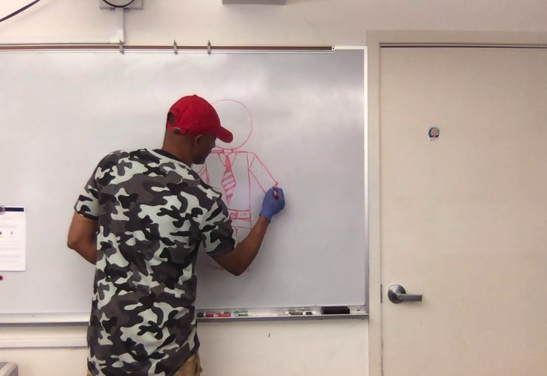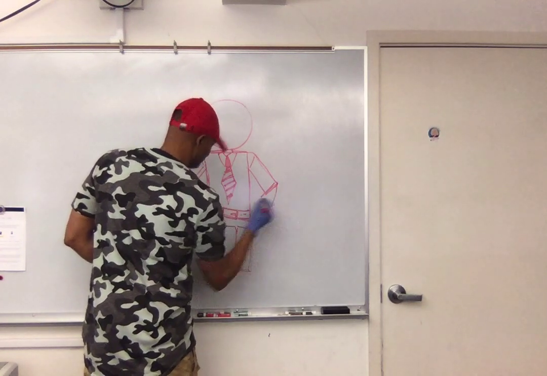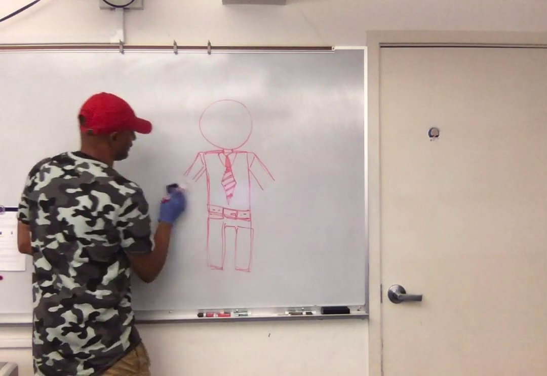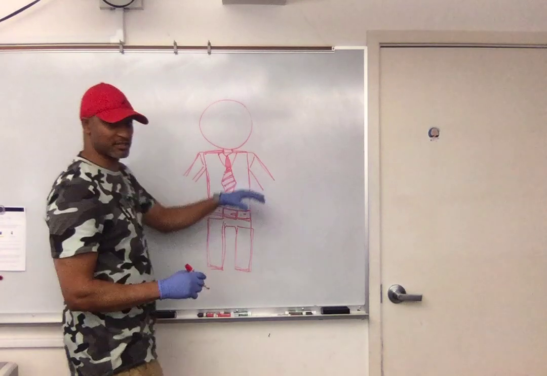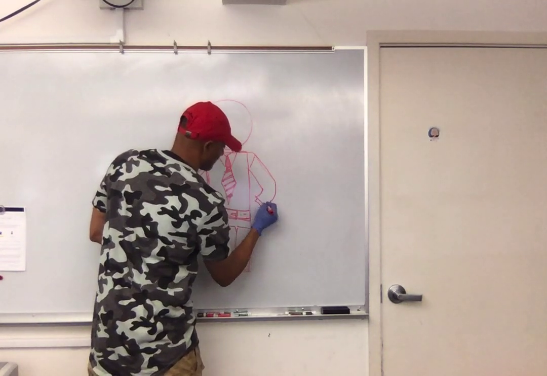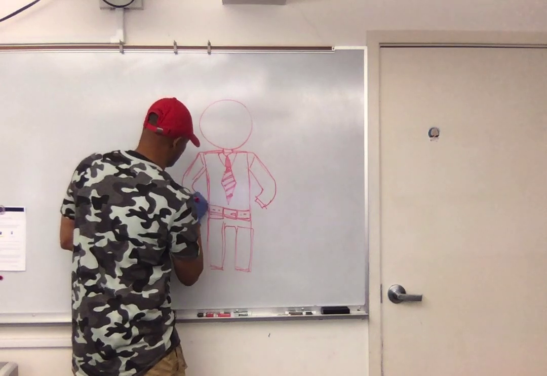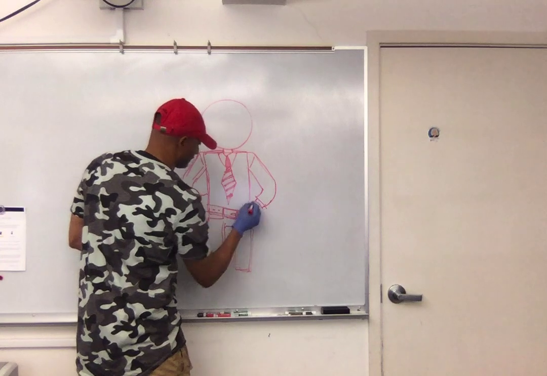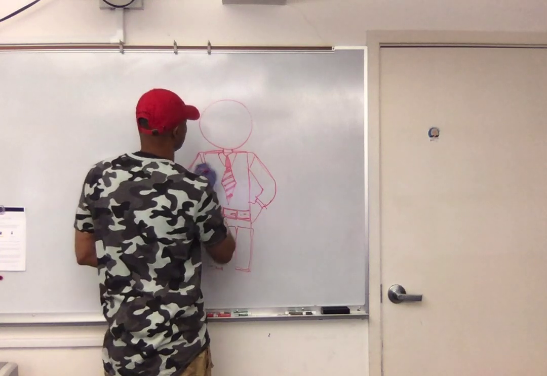Now I'm going to do something a little different here. Now that we have that basic shape, I'm going to come around and, like a shirt or something, just connect like that.